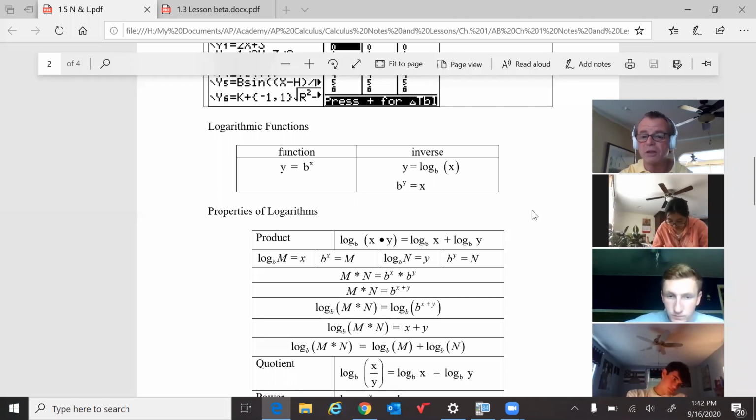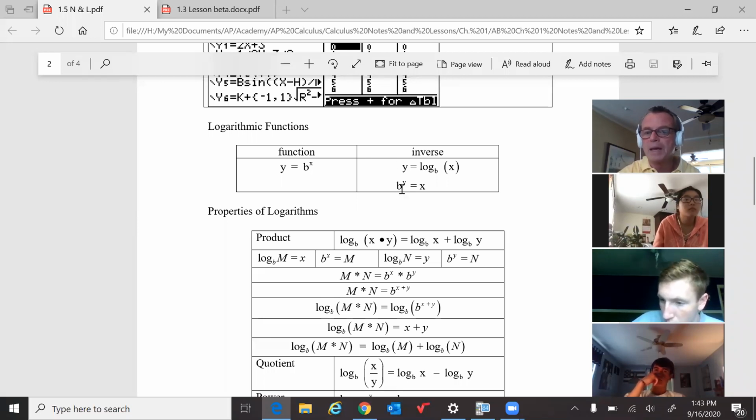And if the base is neither, ready? This is neither. We have y equals b caret x. This is an exponential function. The independent variable is an exponent. So the inverse function would be b to the y equals x. And the way we write that is y equals log base b of x.